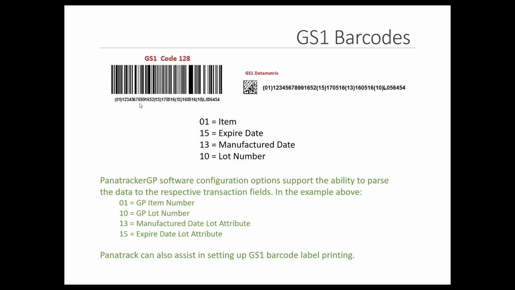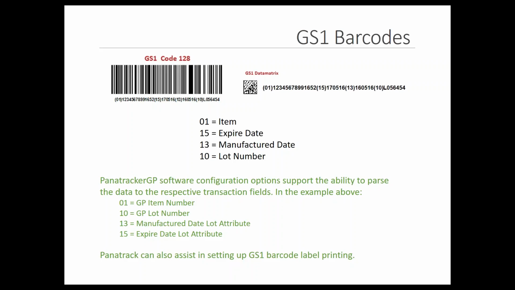It might be the manufacturer's item number, it might be your item number, depending upon how you have that set up. 15 is going to be the expiration date if this was lot tracked. 13 represents a manufacture date. 10 represents a lot number. And there's a whole host of other variables available. These are just some examples of what somebody would put together for a GS1 barcode, but there are a large number of them.